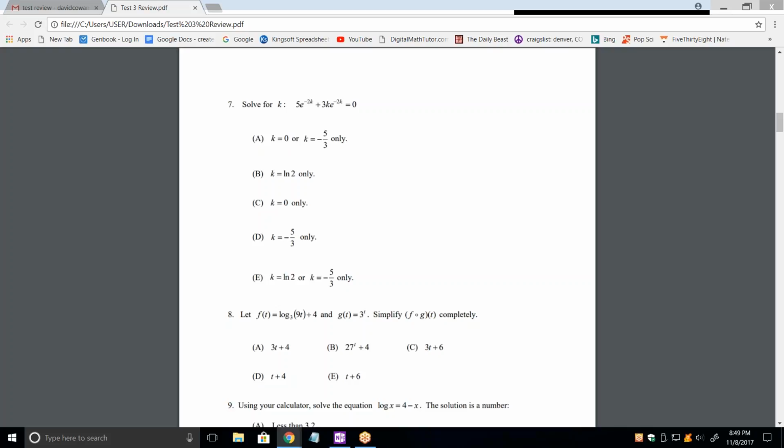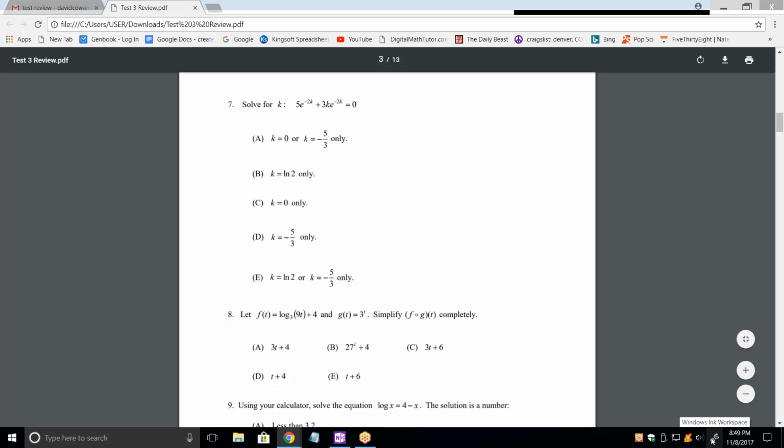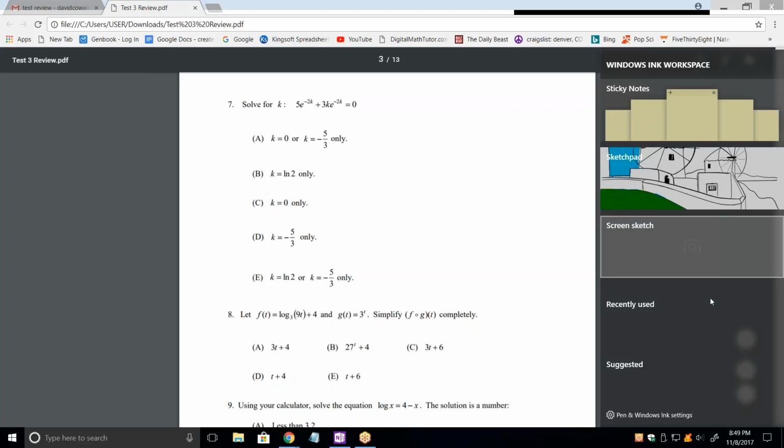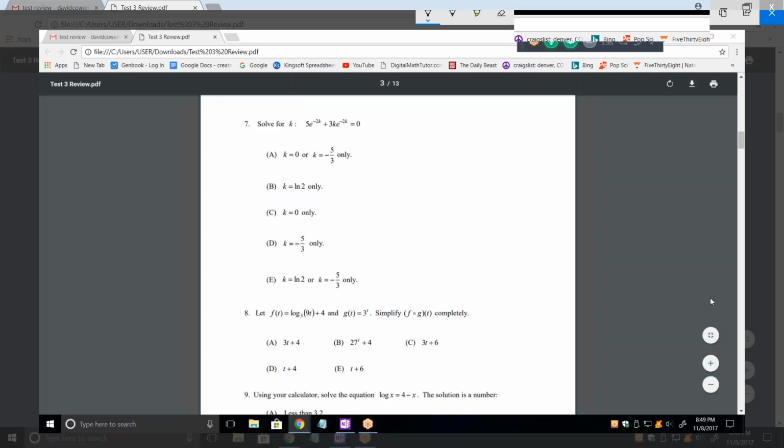Let's say 5e to the minus 2k is equal to minus 3k e to the minus 2k.